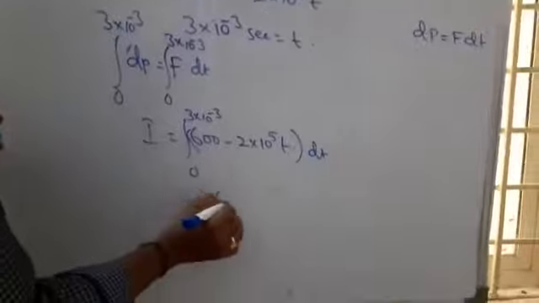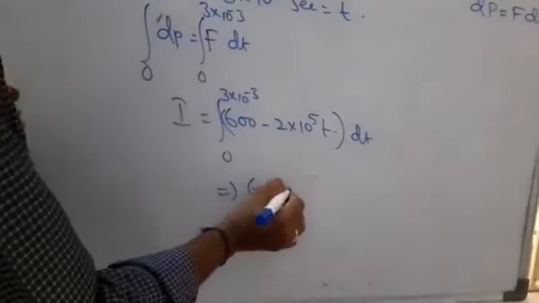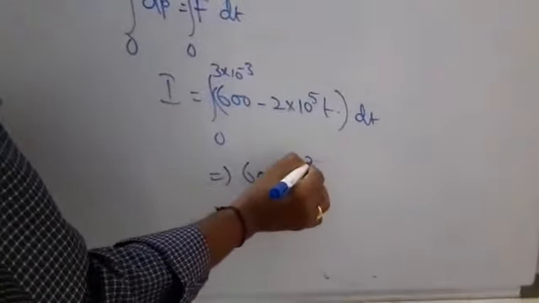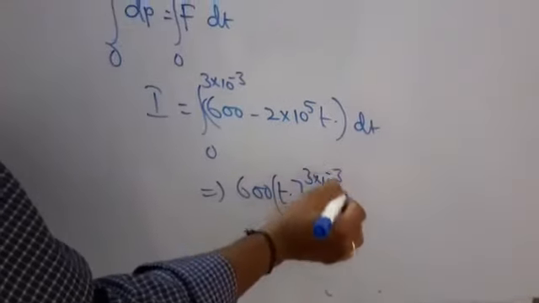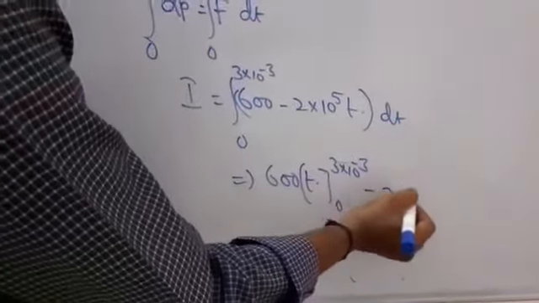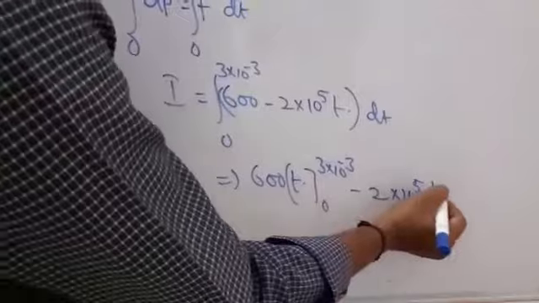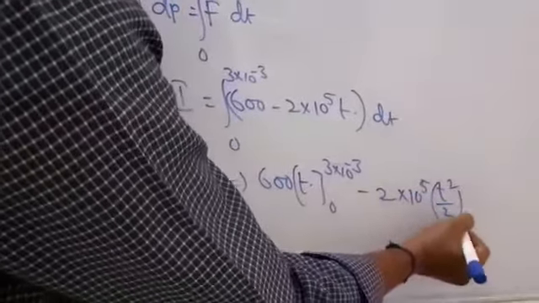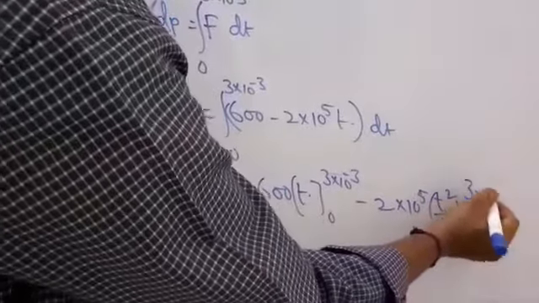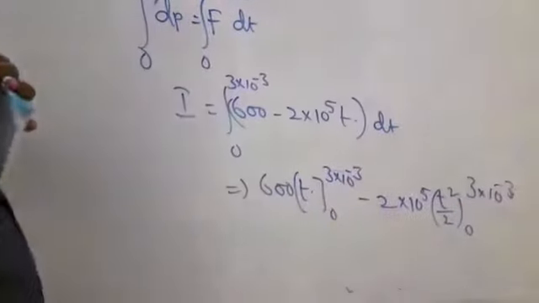Therefore 600 into t with limits 0 to 3 into 10 to the power of minus 3, minus 2 into 10 to the power of 5 t squared by 2 with limits 0 to 3 into 10 to the power of minus 3.